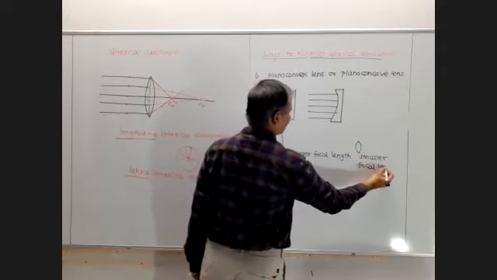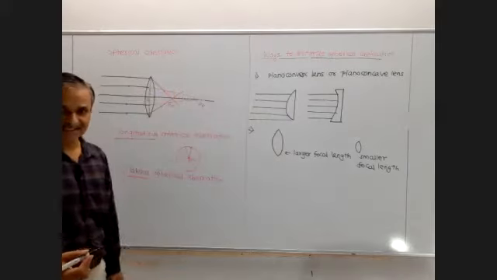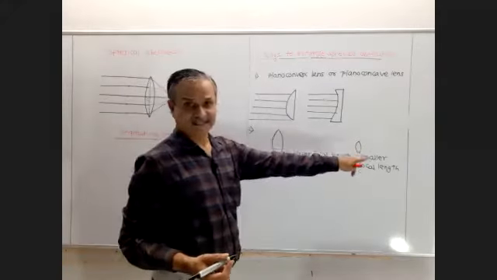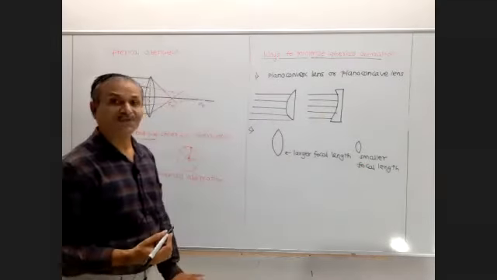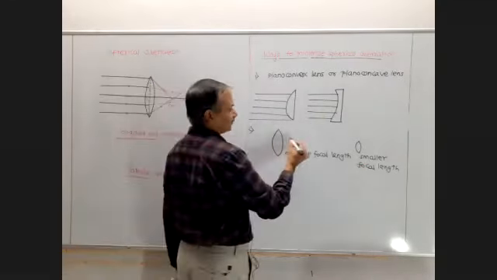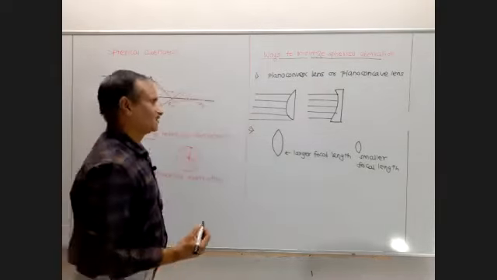The one with larger focal length is towards the incident ray. Means first this lens and then this, and they are kept at a distance of focal length of each other. Means whatever is the focal length of this, so another lens will be kept at that particular distance.